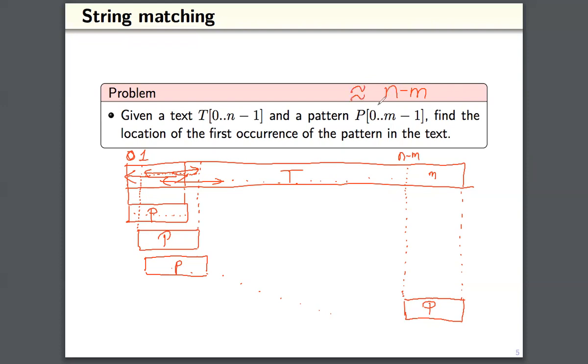Then what is a valid solution here? The valid solution is the first occurrence where the pattern matches the text. Suppose we change the question to find all occurrences of the pattern matching with the text, then what are the candidate solutions? All occurrences where the pattern matches with that substring of the text. Make sense?